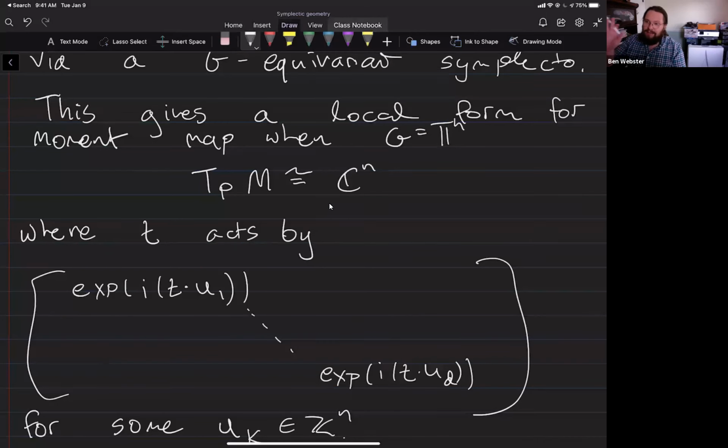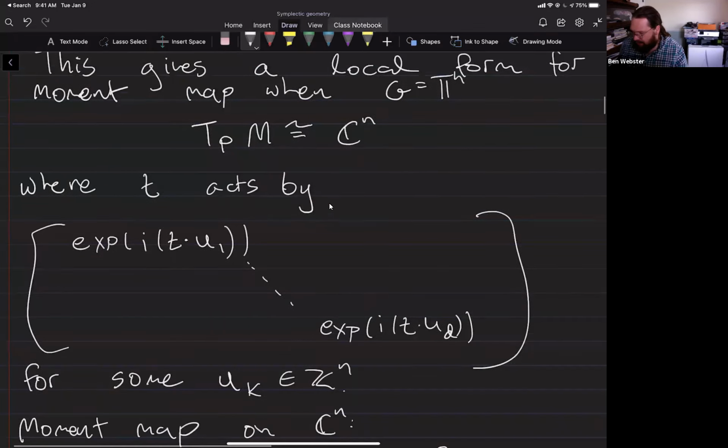Now there's a way to say this that only involves real numbers, but then I have to write out the 2 by 2 matrix for multiplication by e^{iθ}, and it's just easier to write it in a complex way. This is maybe a hint that I'm always secretly thinking about algebraic geometry, but you could just regard this as doing everything over the real numbers, and this is just a convenient way to write the formulas.